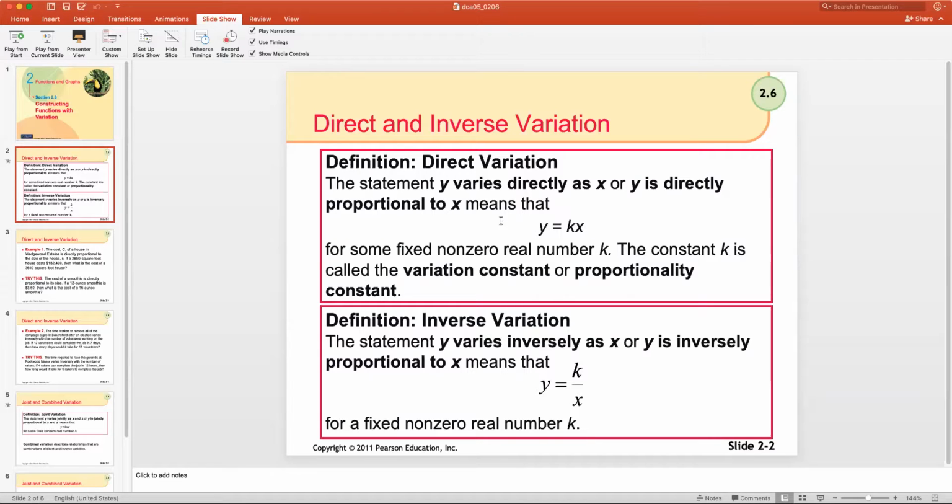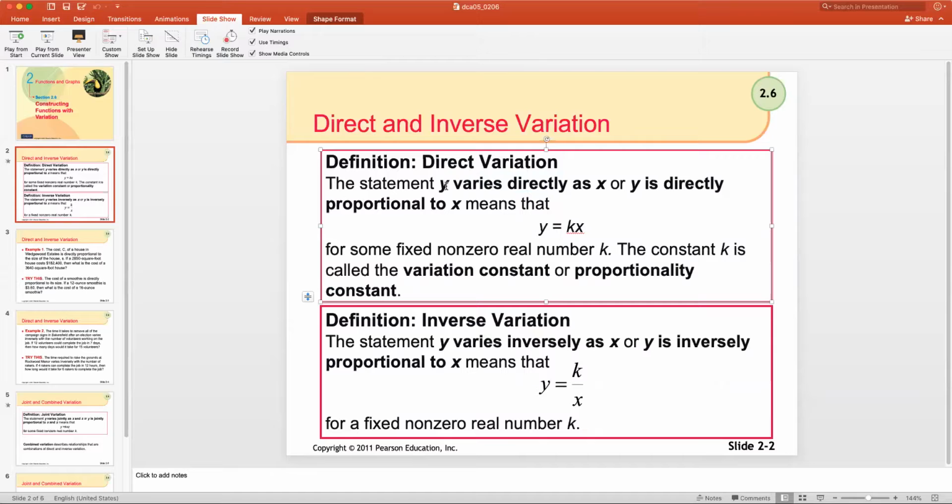So when you get word problems and you see "y varies directly as x." I mean, depending on the problem, you may see variables other than y and x. For example, the cost varies directly as the size of a house, something like this.